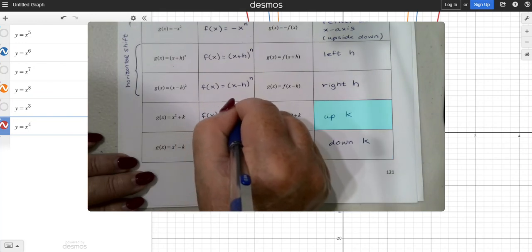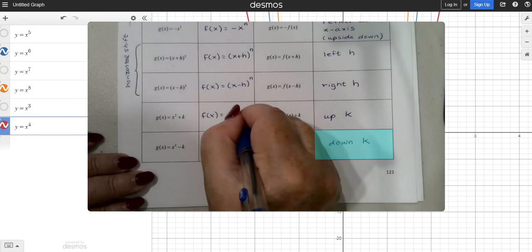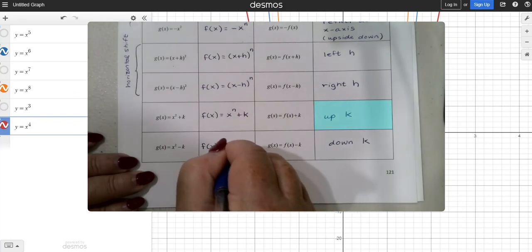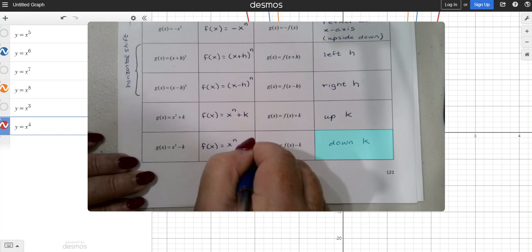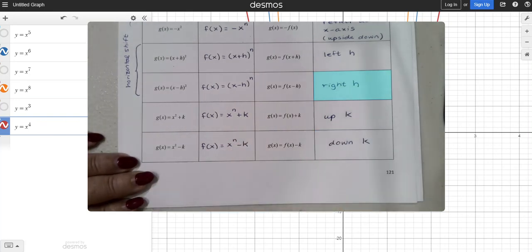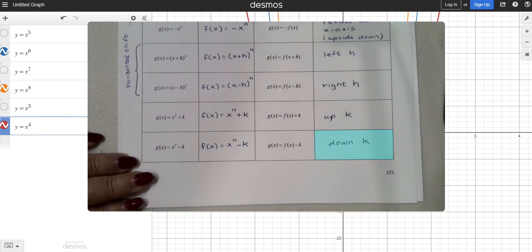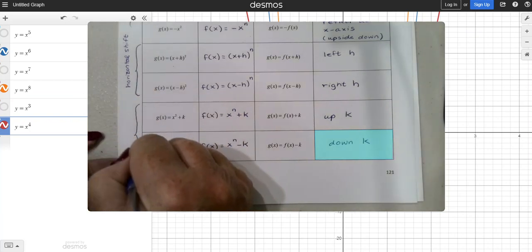So if I have a power function x to the n plus k, or a power function x to the n minus k, the shift is still going to be up or down. And again, that works for absolutely any function. And again, these we were calling the vertical shifts, up and down.